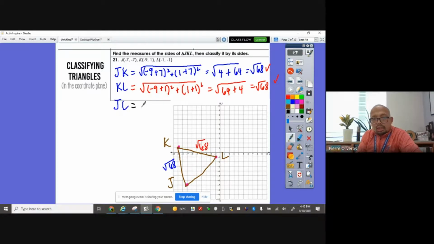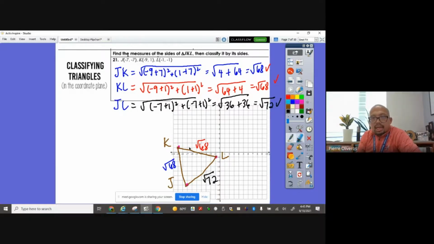Let's try JL. So (-7 plus 1) squared plus (-7 plus 1) squared. That will give you negative 7 plus 1 is negative 6, squared is 36. Negative 7 plus 1 again is another 36 here. So that will give you the square root of 72, which is not equal to 68, which is fine.